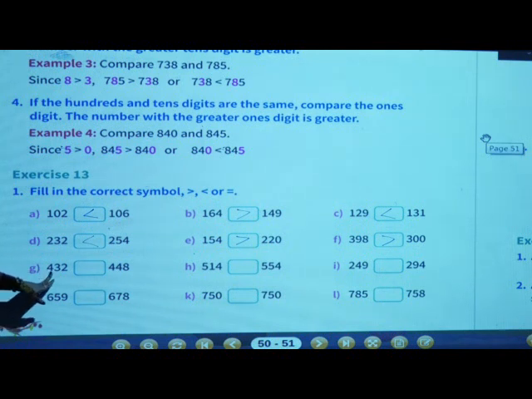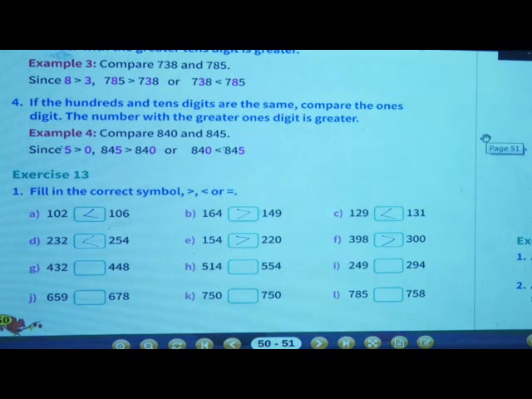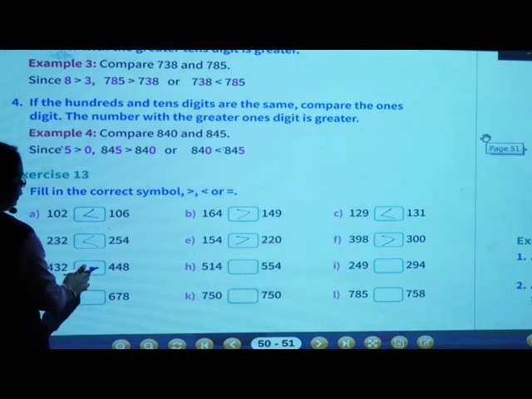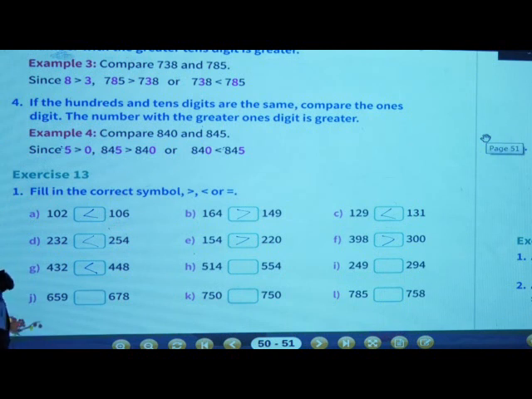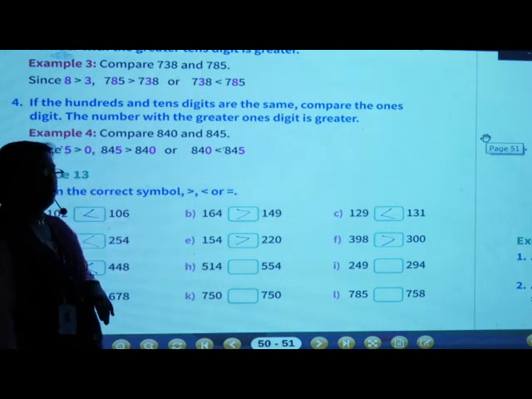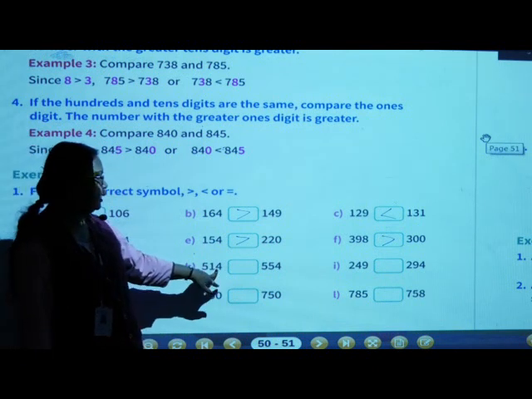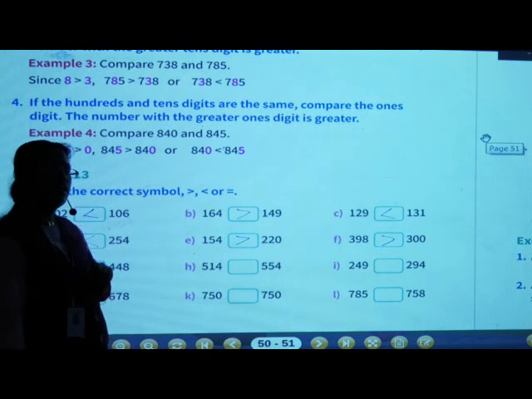Then 432 is less than 448 or more than 448? Yes, it is less than 448. 432 is less than 448. The next one, 514 is less than 554? Yes.